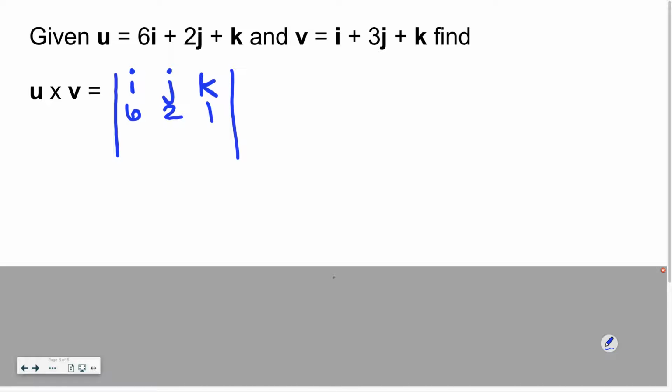And then our last row will be the components of v: 1, 3, 1. Okay, so now we go through the motions like we did in chapter 8. We're going to copy paste column 1 and column 2.